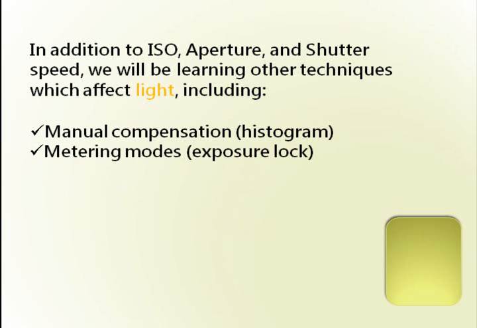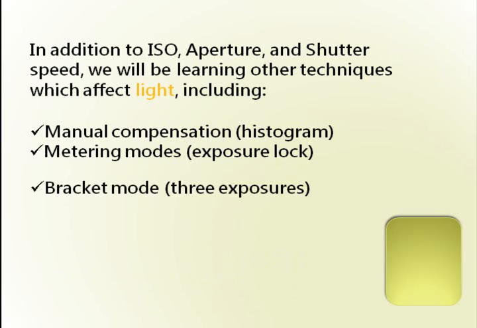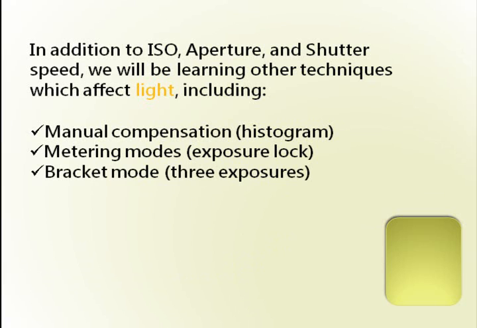There's also metering modes and exposure lock. If there's one good tip I can give you, this is the one you're going to need to learn. So pay close attention when we get to that lesson. Bracket mode is when we shoot 3 exposures and only press down the shutter button once.